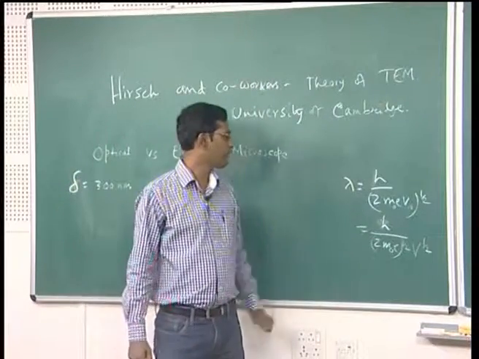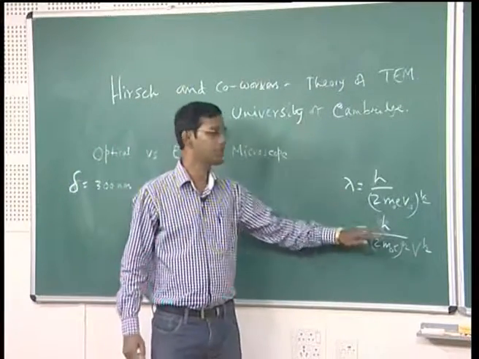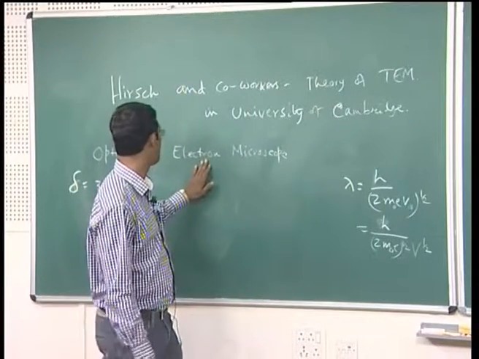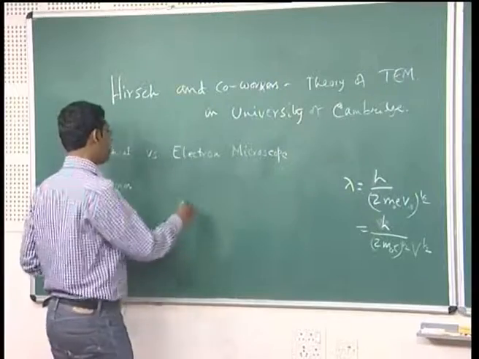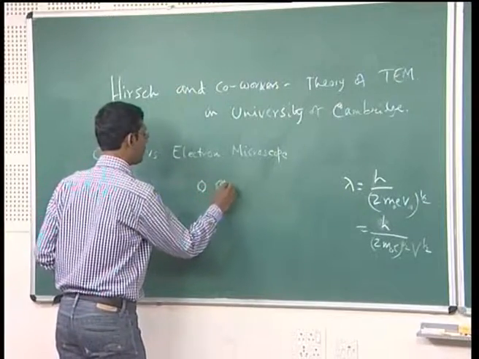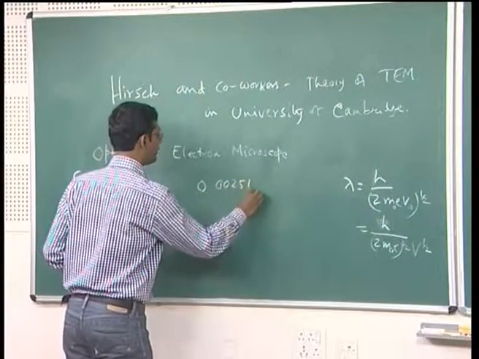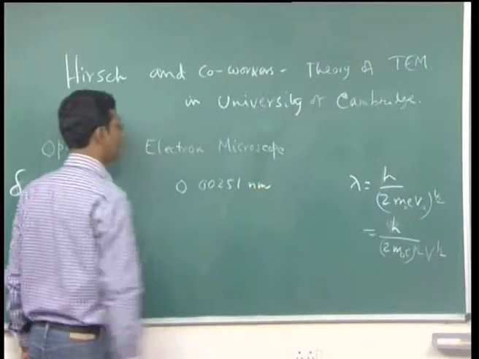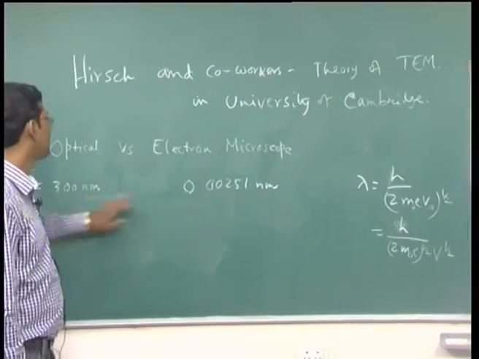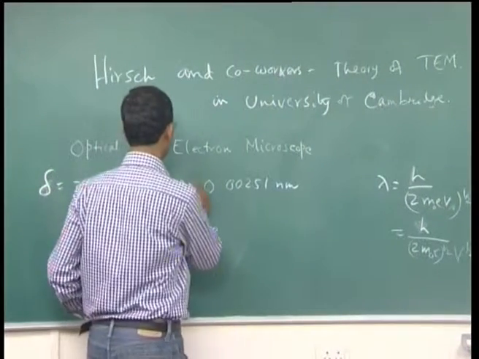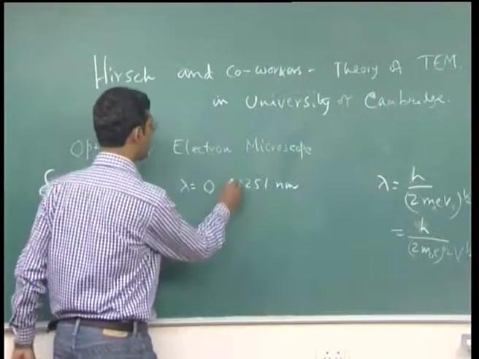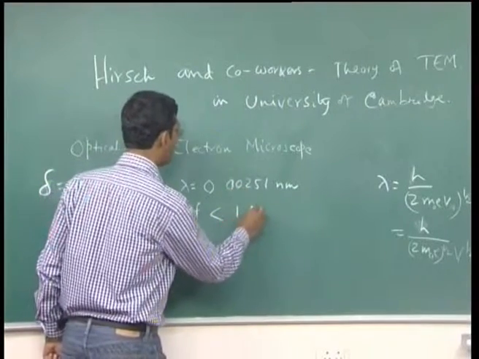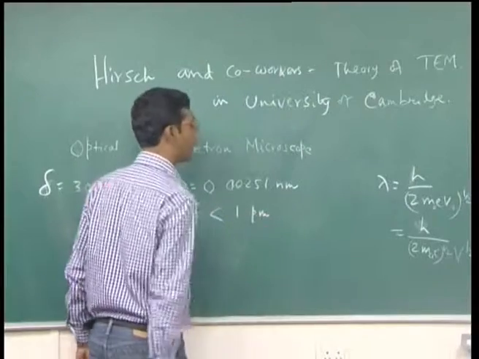So, if we calculate the wavelength of electron at 200 kilovolts, which is normally used in a transmission electron microscope, lambda will be approximately 0.0251 nanometers. So, immediately you can see that if lambda in the electron microscope is given by this, then delta will be less than 1 picometer according to this formula.